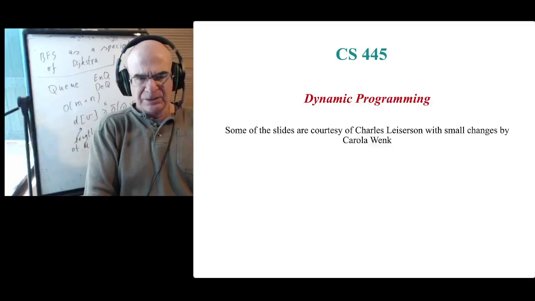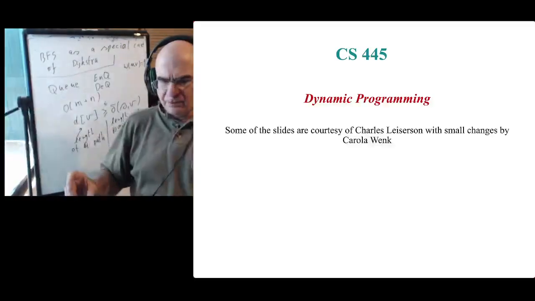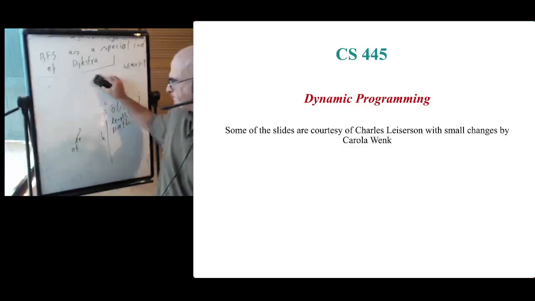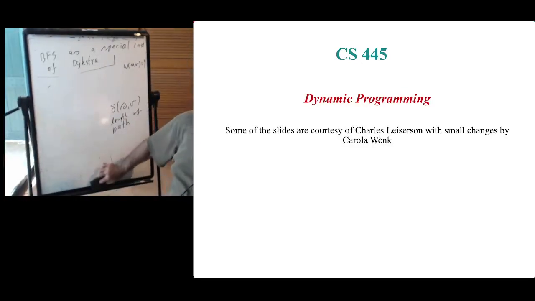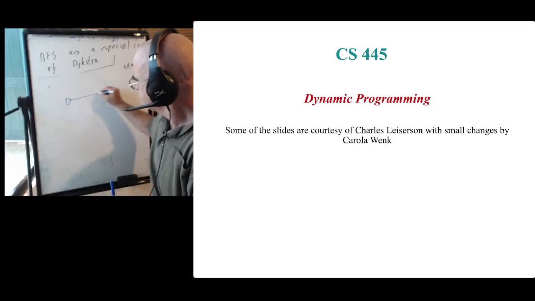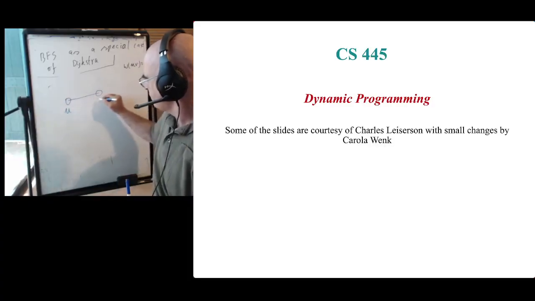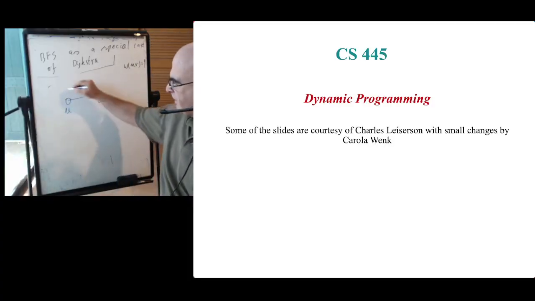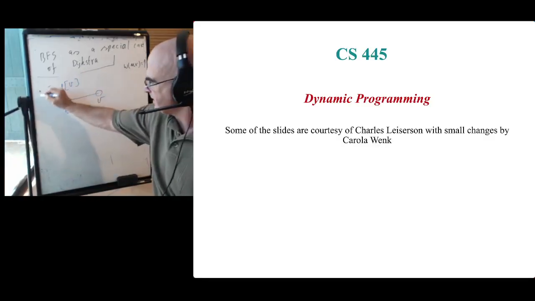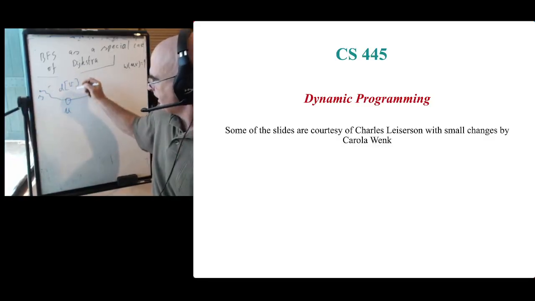Dijkstra is very fragile about the conditions under which it can work. It says, I'm looking at this edge u, v, and I have values which are the estimated distances from S to u.